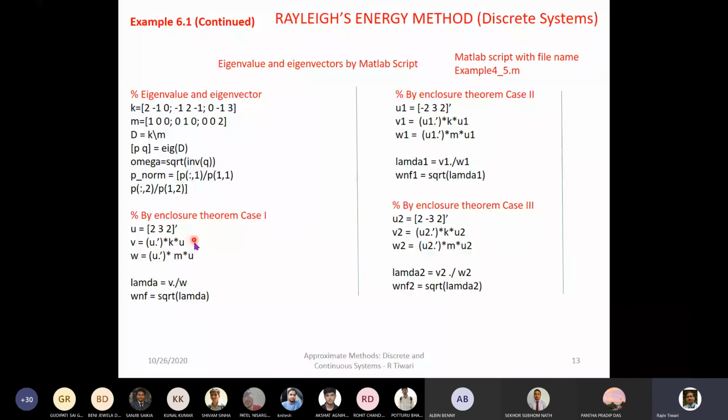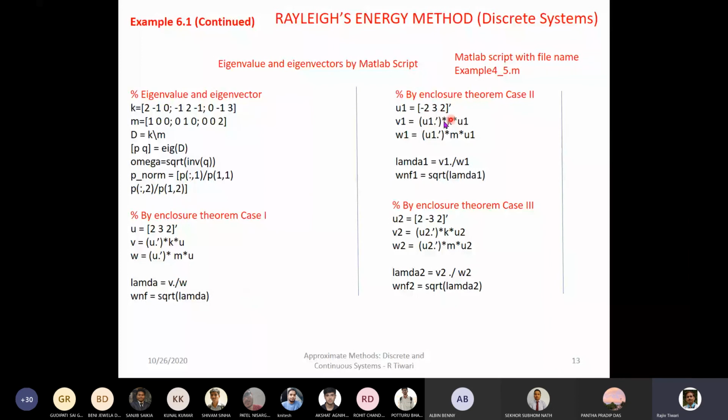You can see the same K matrix post-multiplied by U and pre-multiplied by the transpose of U. We have assumed 2, 3, 2. The prime represents that it should become a column vector, and similarly W. So this is Vmax, this is Tmax, and then the quotient ratio of Vmax and Tmax, and we take the square root of that to get all the natural frequencies.